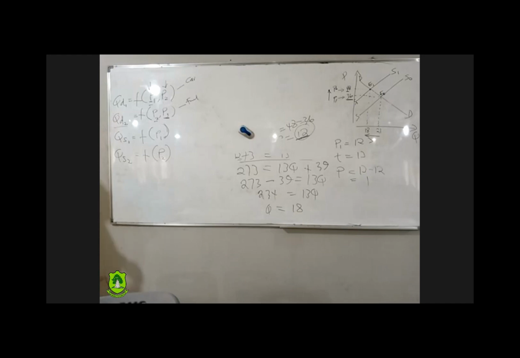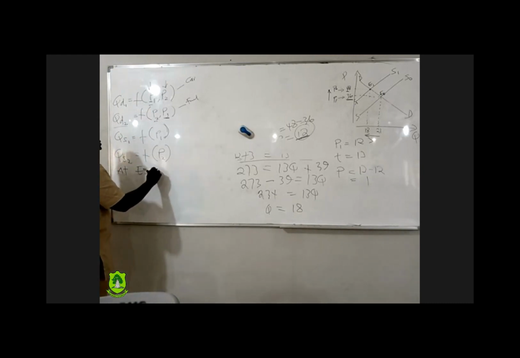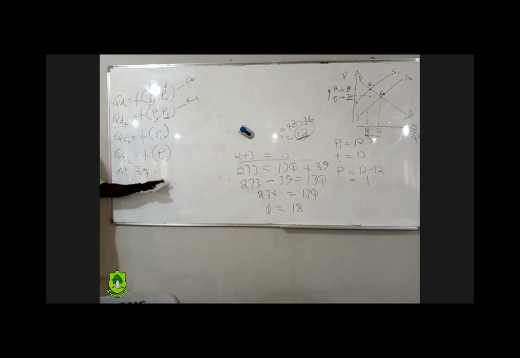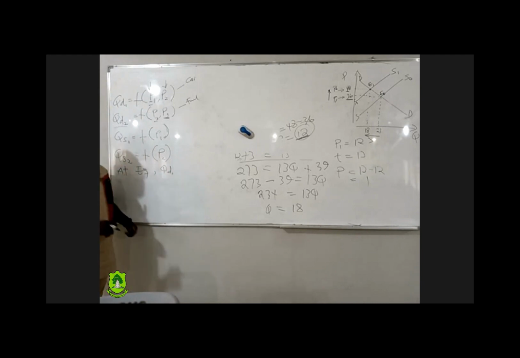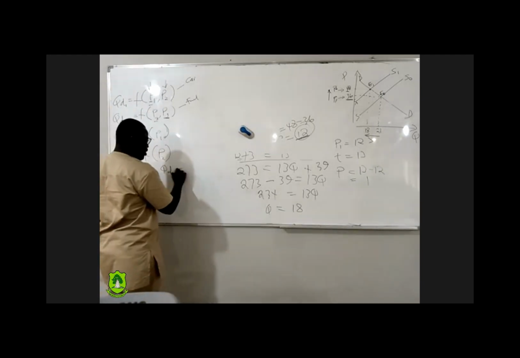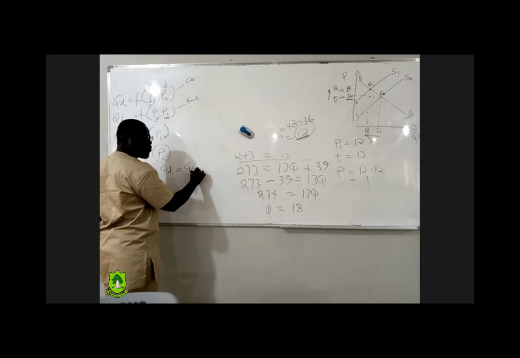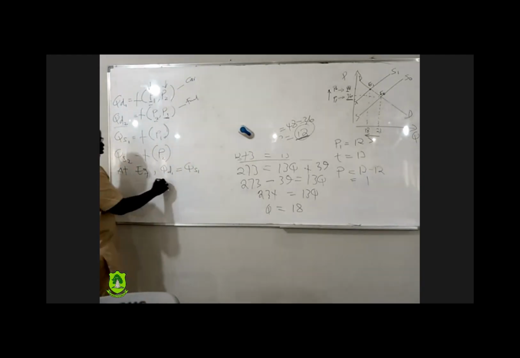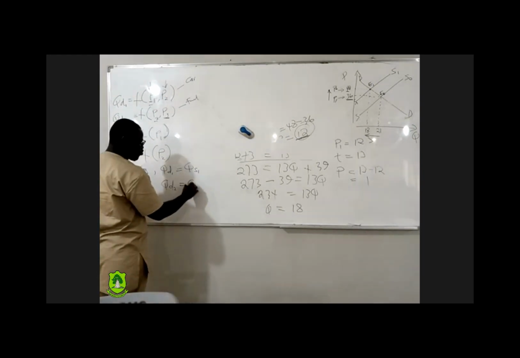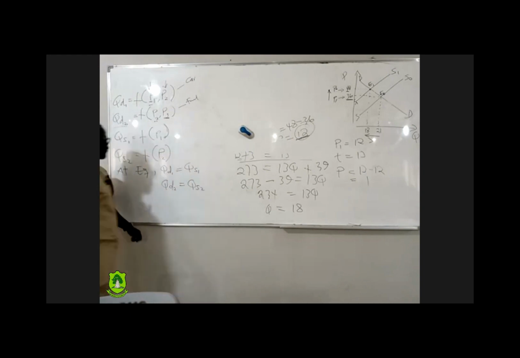So in this particular case, if you want the market clearance price, it will still be at equilibrium. At equilibrium, quantity demanded for good one should be equal to quantity supplied for good one, and at the same time, quantity demanded for good two should be equal to quantity supplied for good two.